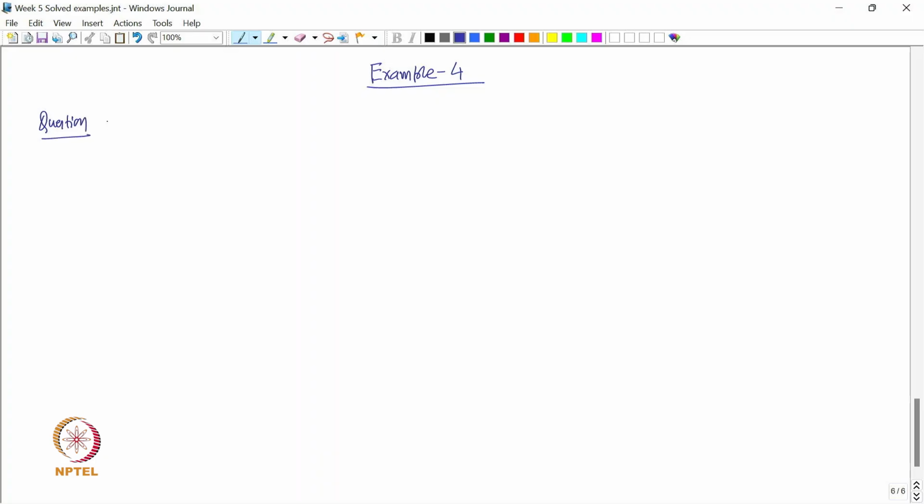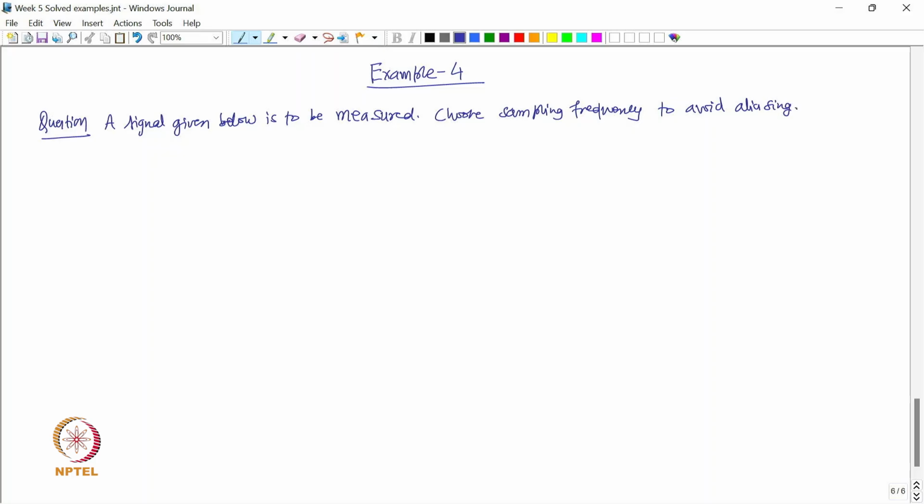A signal given below is to be measured. Choose sampling frequency to avoid aliasing.